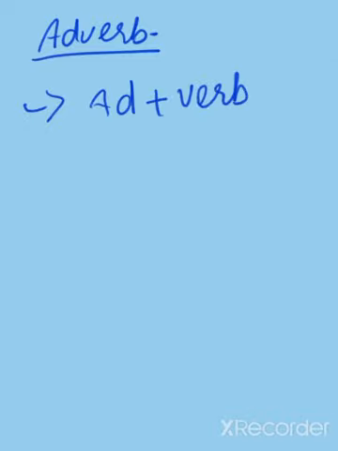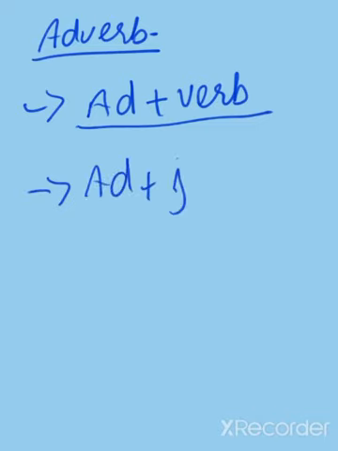Now coming to the next category, that is adverb. Adverb is that which adds to the verb, right? An adverb tells us something about the verb. Adverbs can also be combined with adjectives. For example, she is eating slowly.